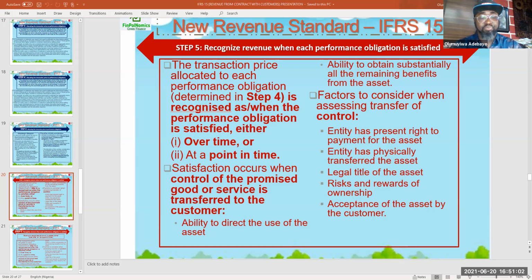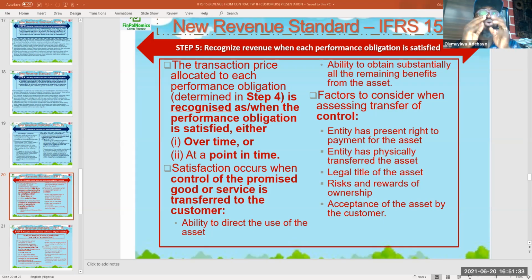Now, as a whole, we'll further look at certain commentaries that equally suggest how we are going to proceed in the recognition of revenue. Now, remember, the phrase at a point in time means you recognize revenue once because that performance obligation has been delivered.